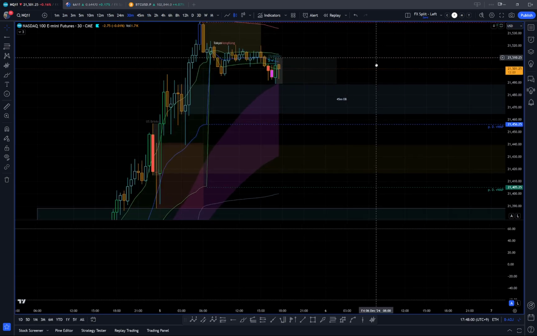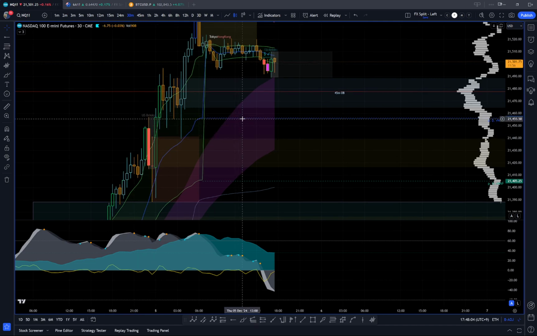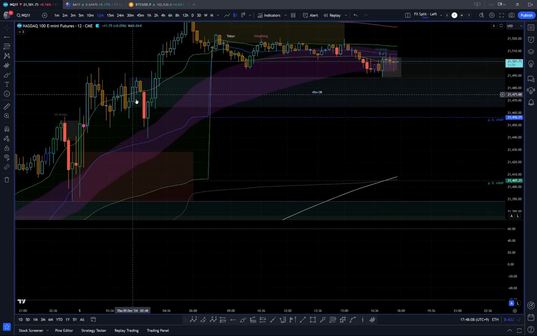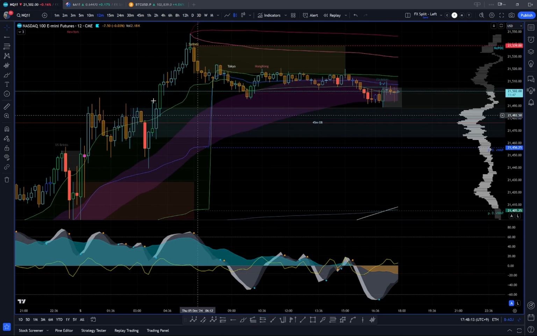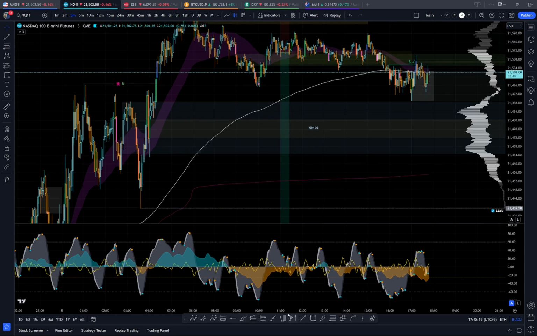But we'll see what happens. Above that, we have a couple of past daily VWAPs that we can react off, and we do have a few blocks there. I like this zone here. We have a naked point of control right inside of this VWAP zone as well, which we can see.